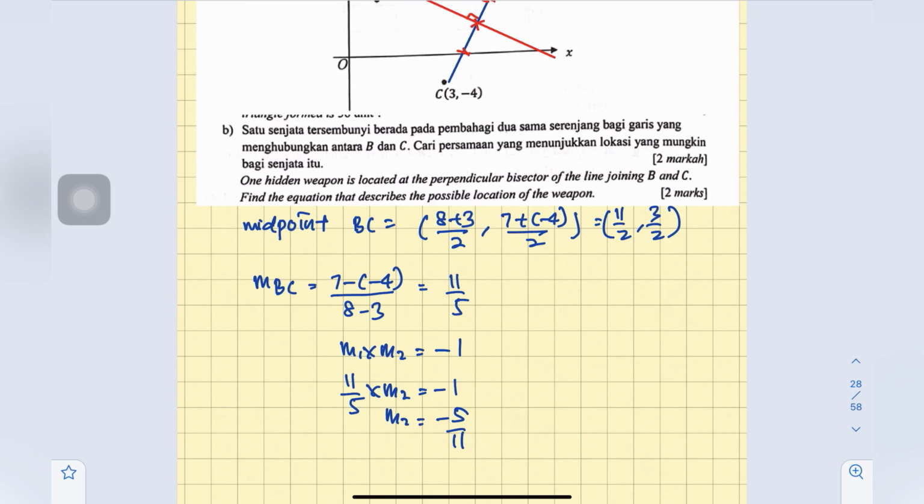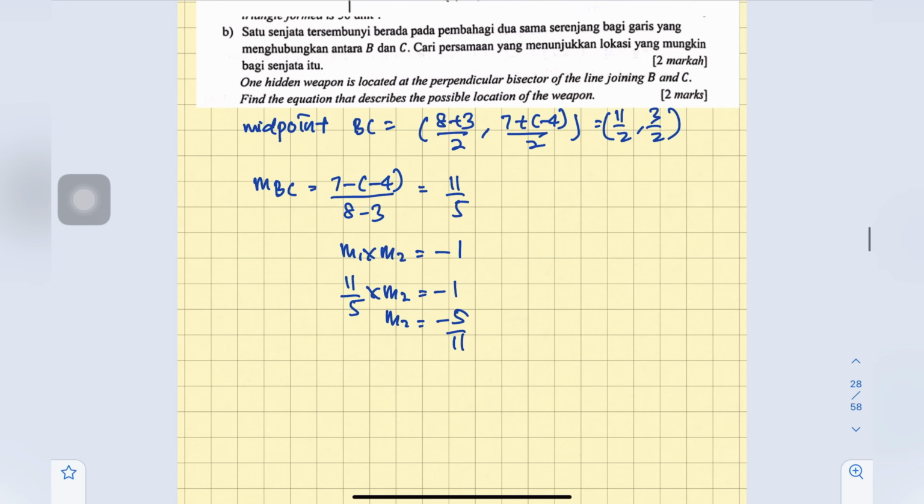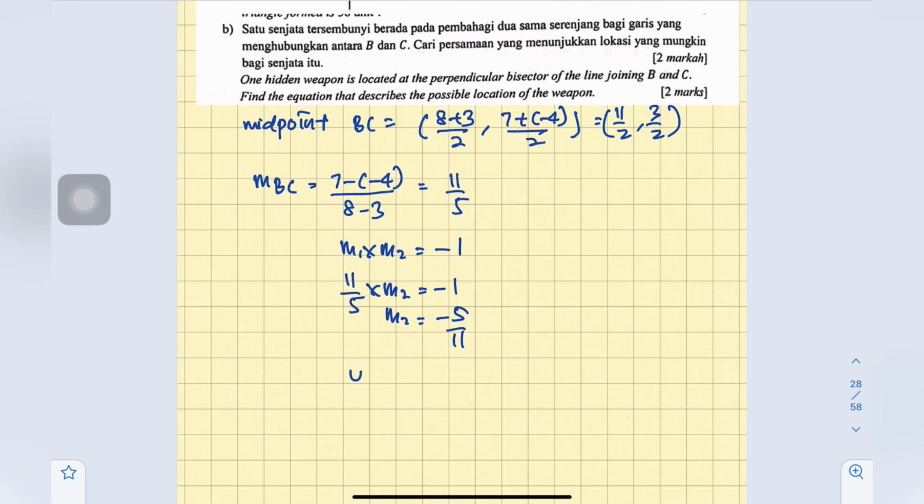Okay, so to find the equation of straight line, y equals mx plus c. M, we have this one. x and y, we have the coordinates of the midpoint. So y is 3 over 2, m is negative 5 over 11, x is 11 over 2, plus c.